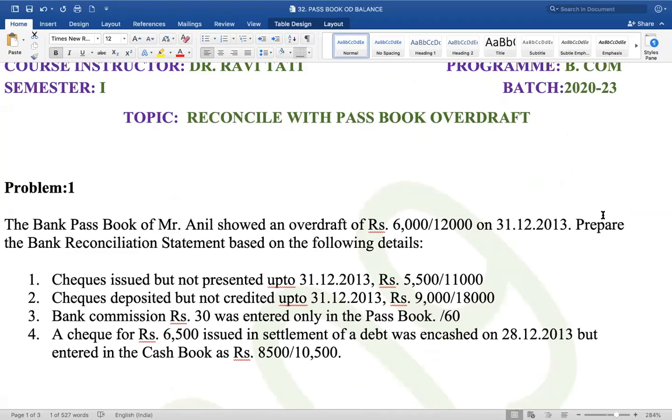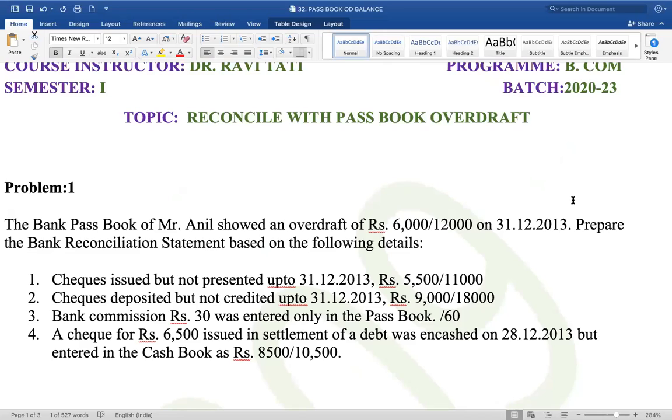Checks issued but not presented up to 31st December. Checks issued but not presented, before or as on the date we are preparing the BRS. How much? 11,000.